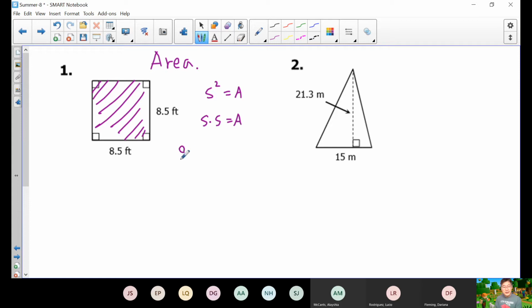So 8.5 times 8.5 equal area. Another expression, 8.5 square equal area. So I'll use a calculator, quick, my cell phone calculator.